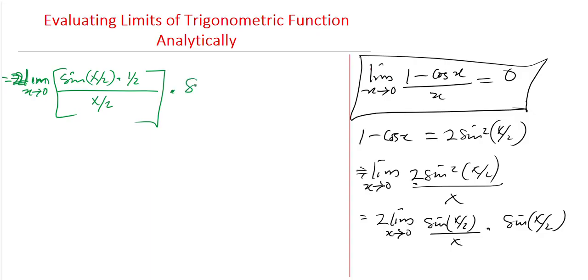So this multiply sine x over 2. Okay, now sine x over 2 all over x over 2, the limit of this is 1, so we are going to have 2 multiply 1 multiply 1 over 2, which gives us 1 over 2, multiply the limit as x approaches 0 of sine x over 2.